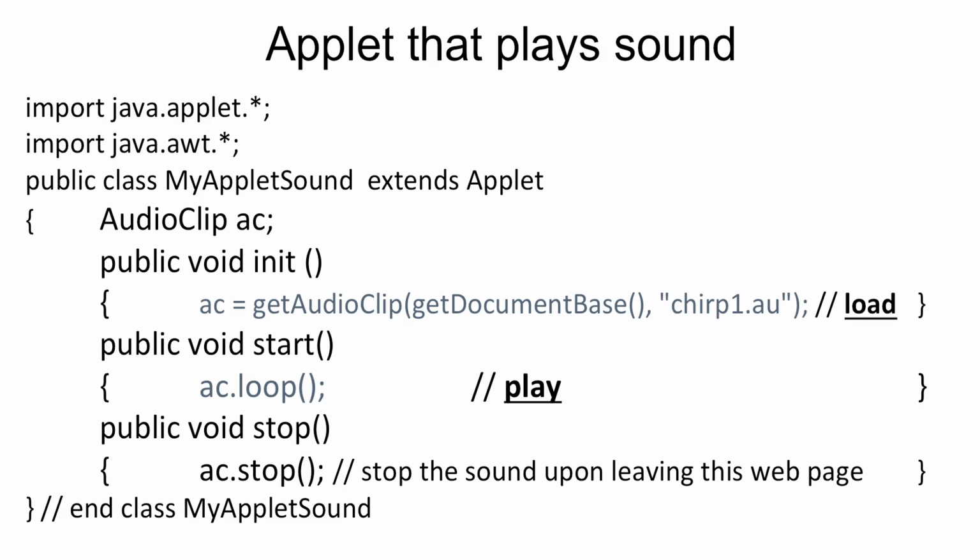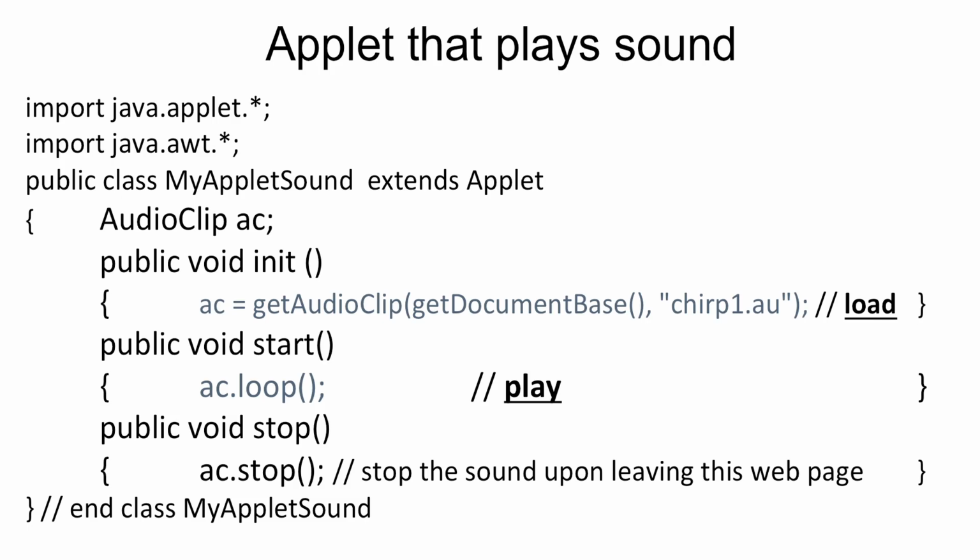Now, see this program. In this program, we are using an audio clip, and we are running and invoking the audio clip. The first lines are import java.applet.*; import java.awt.*; public class MyAppletSound, the name of our class, which extends the Applet class.